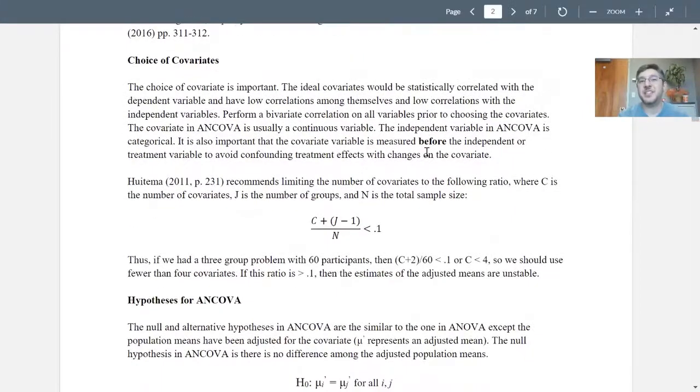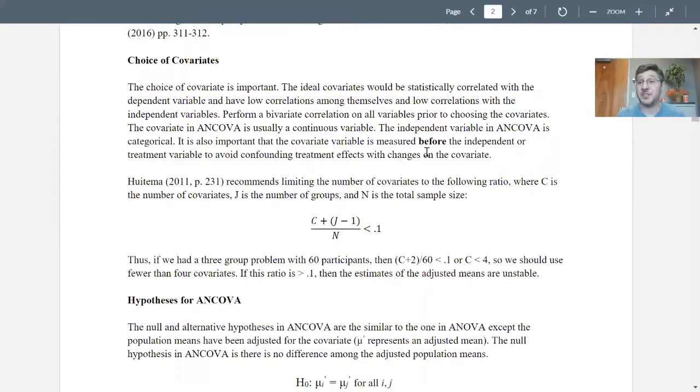We've touched on the importance of choosing a covariate. The Tabachnick and Fidell book, the readings in there, talk a good deal about what would be the ideal covariate. We think the ideal covariate would be one that is significantly and substantially correlated with the dependent variable.